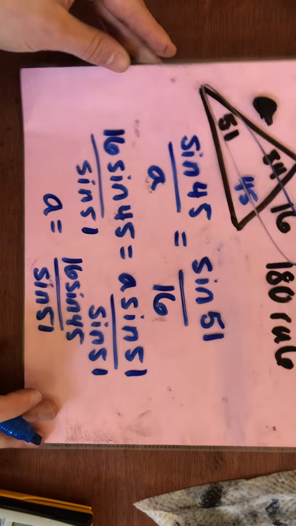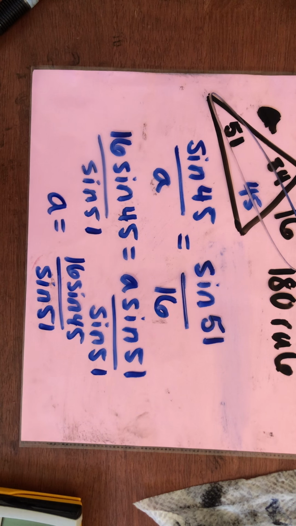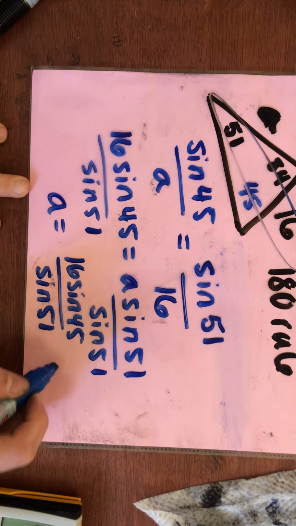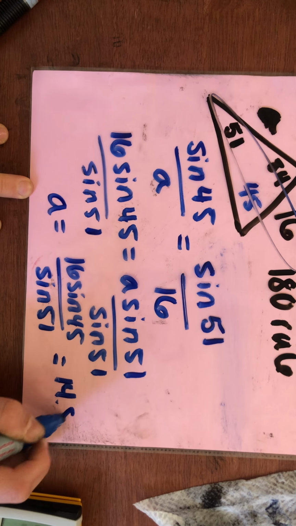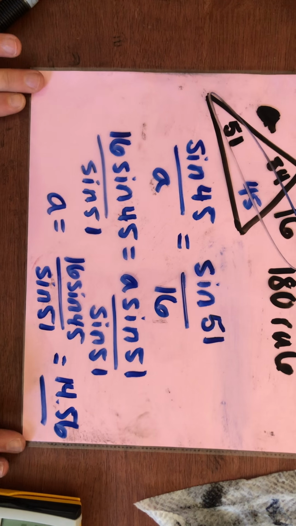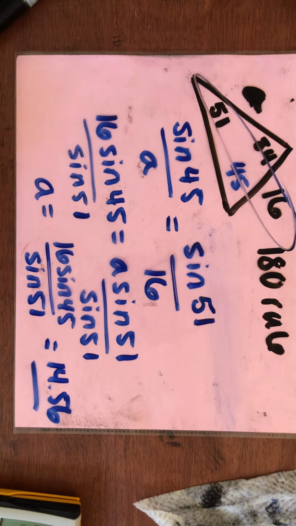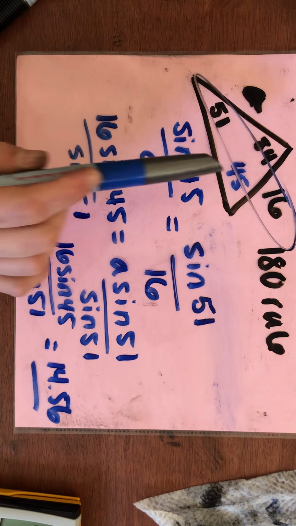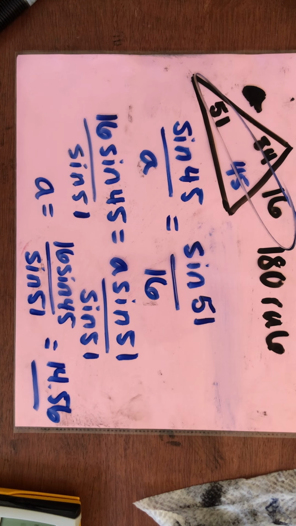Then I just type that into my calculator, and I get A equals 14.56. So sometimes you have to see what side length they're asking you for, and you'll have to use the 180 rule to get that missing angle.